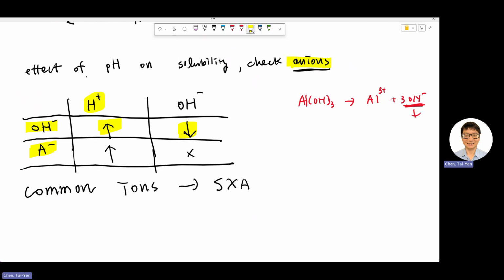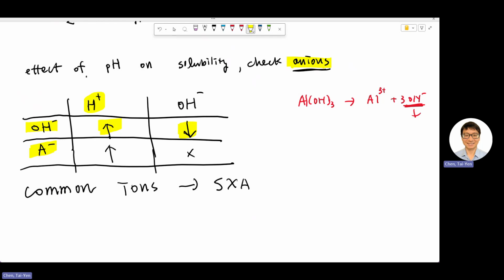Another situation is if the anion is neutral. What condition will you have a neutral anion? This goes back to chapter 13. What anion will be neutral? It will be the conjugate base of a strong acid.